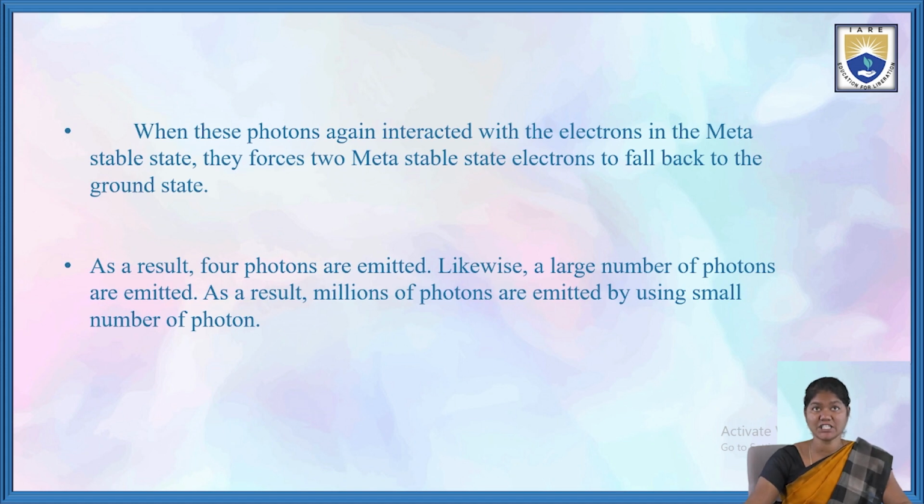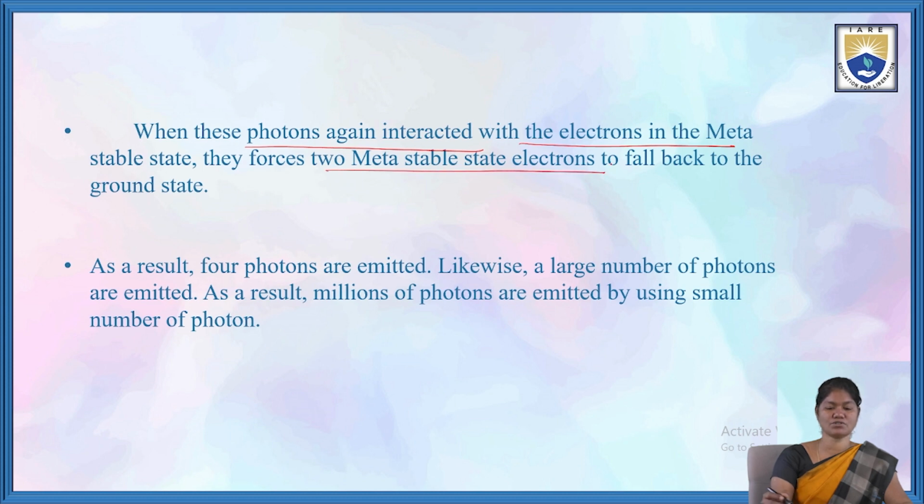When these photons again interact with the electrons in the metastable state, in stimulated emission of radiation, two photons are emitted. These two photons again interact with the electrons in the metastable state. They force two metastable state electrons to fall back to the ground state. As a result, four photons are emitted.